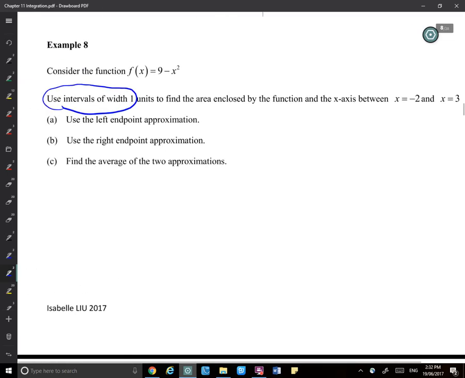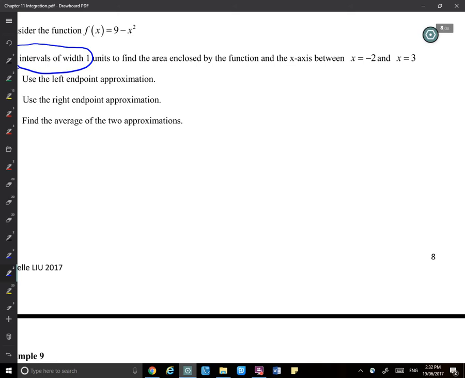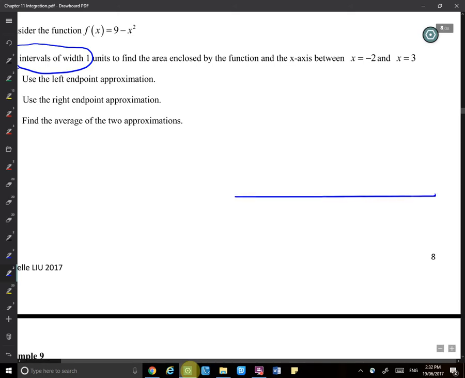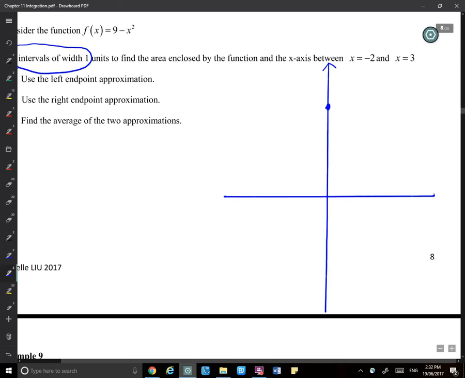Okay, let's sketch this graph first. We have 0, 9, and we should have 3 and -3.